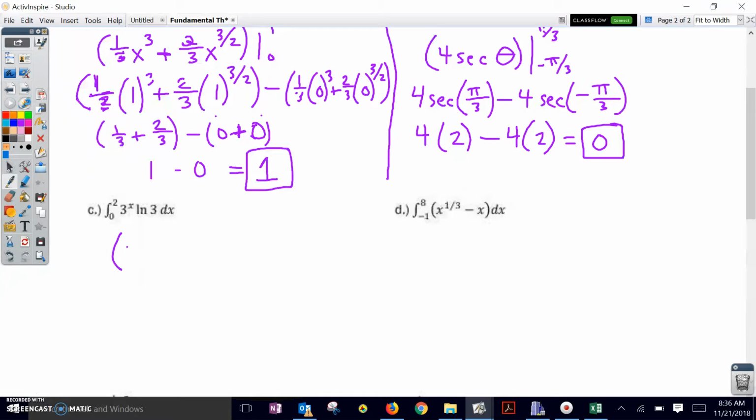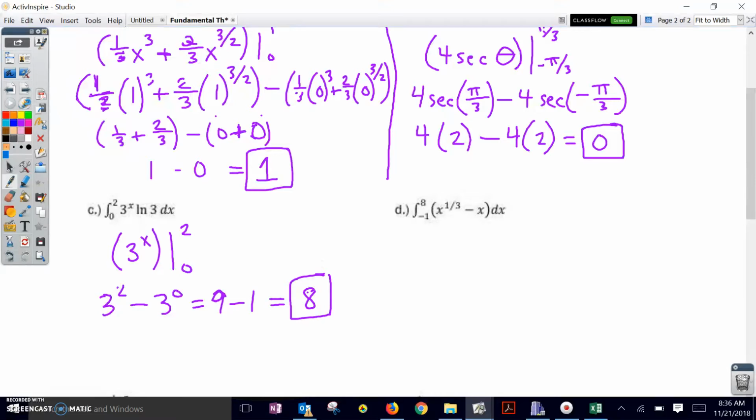The answer to that question is 3 to the x. And then I'm going to evaluate that from 0 to 2. So this is going to be 3 to the second minus 3 to the 0, which is 9 minus 1. And so the value of this definite integral should be 8.